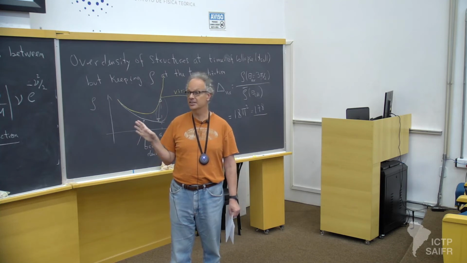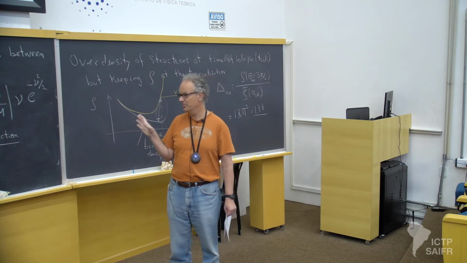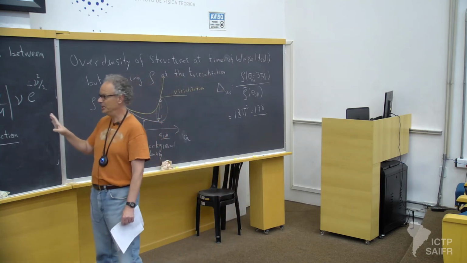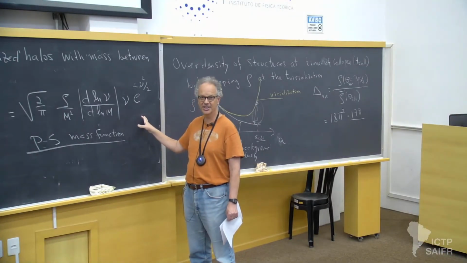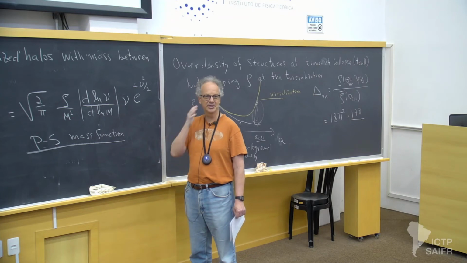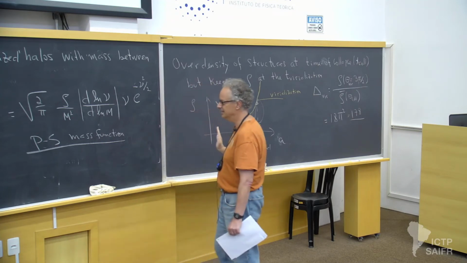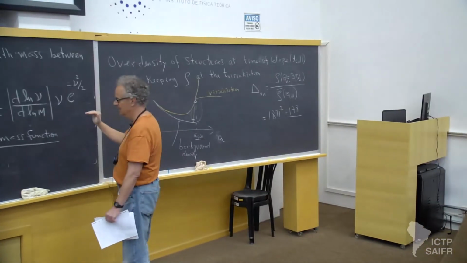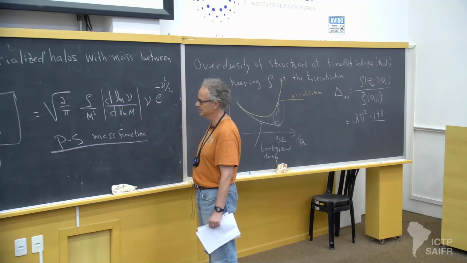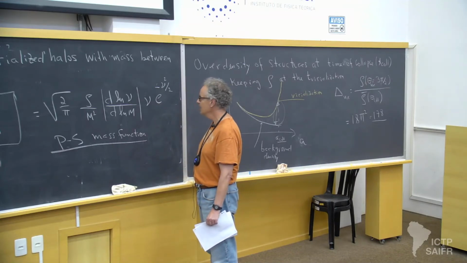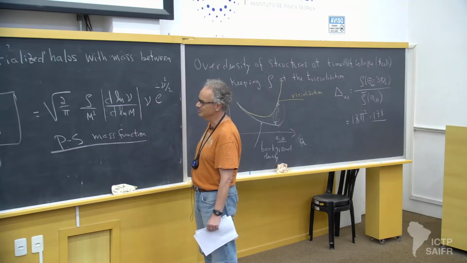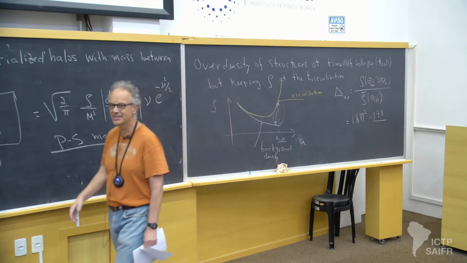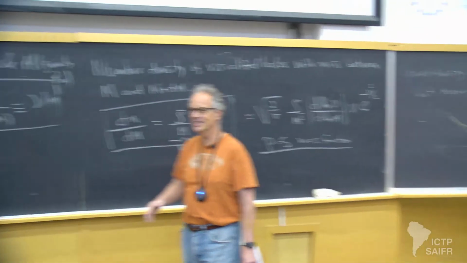So the Dark Energy Survey, for instance, which I'm part of, we have a catalog of halos now, and we're in the process of doing cosmology with halos. So there are people in Brazil that are involved in this effort to get cosmology out of halo mass functions.